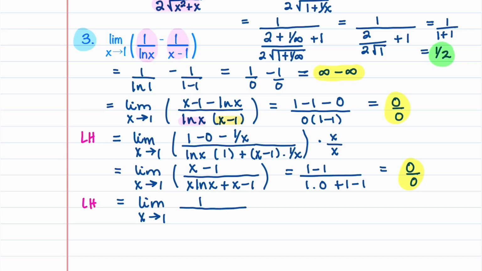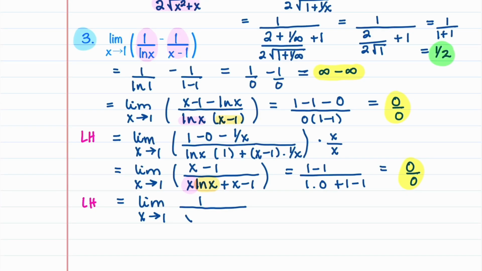And then in our denominator, we again need to use the product rule. Here's our first term, and there's our second term. So we have the first times the derivative of the second, which is 1 over x, plus ln x times the derivative of x, which is 1, plus the derivative of x, which is 1.